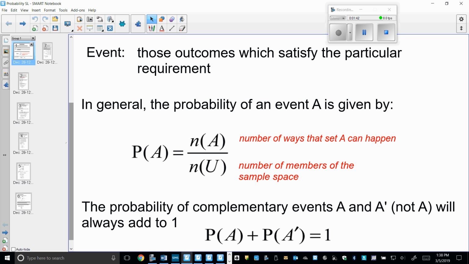Within probability, we've got experimental probability and theoretical probability. Experimental probability would be for a particular dice. We do an experiment about it, then predict what's going to happen with that dice. If we are talking about theoretical probability, we just say there are 6 sides, only one of them is a 4, so the probability will be 1 out of 6.